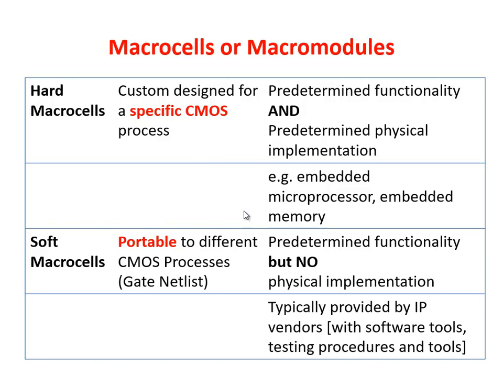Which means that you have the functionality that is predetermined, but not only the functionality, also the physical implementation. Once also the physical implementation is predetermined, it means that the performance is typically maximized for that macrocell, but of course that macrocell can only be used with one specific CMOS fabrication technology.